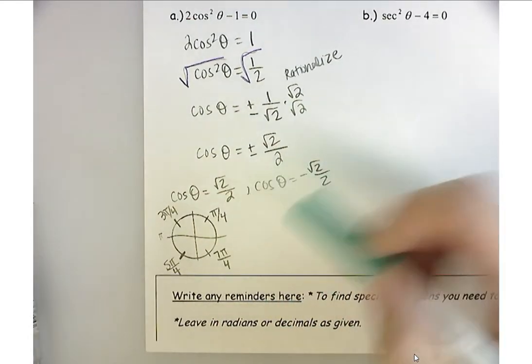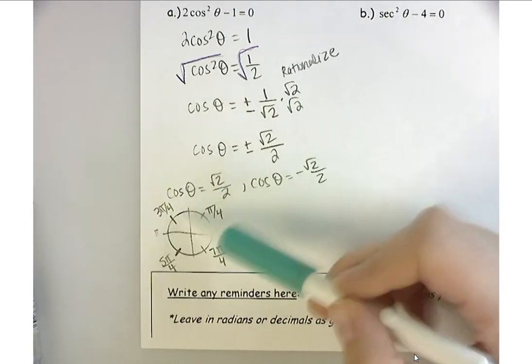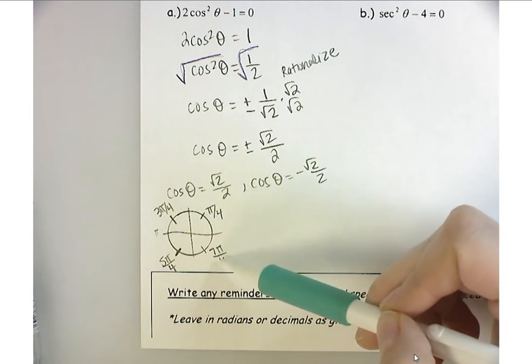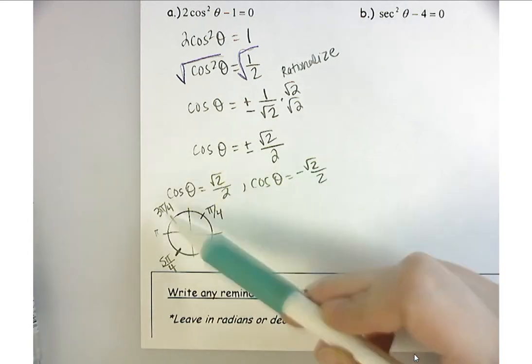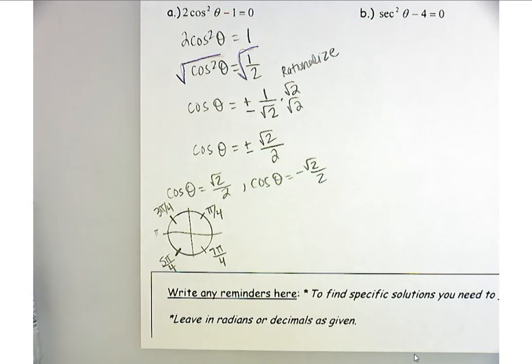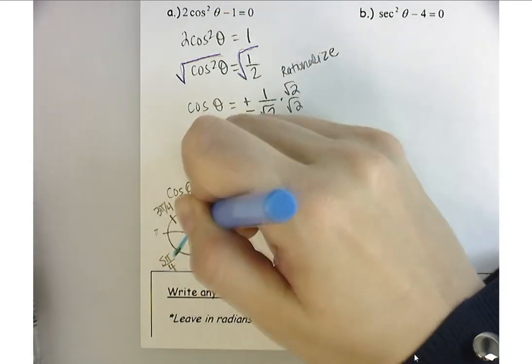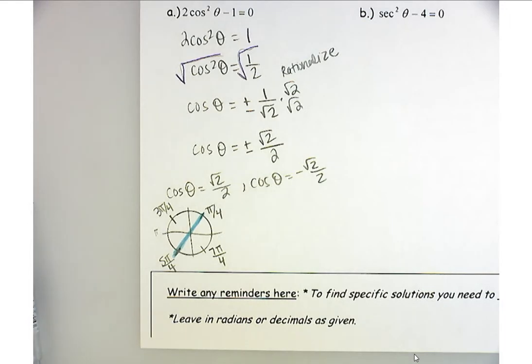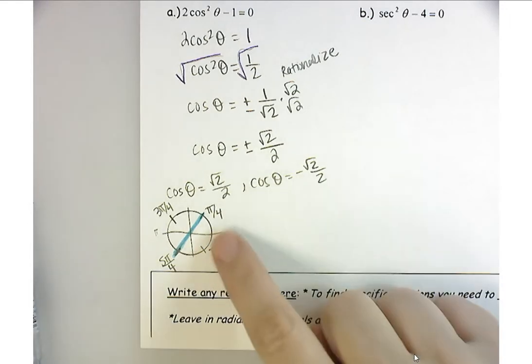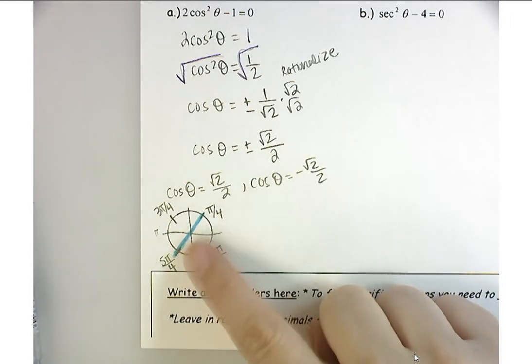So usually what we would do is write out all four of them and add what to it? 2 pi k. But see how these are directly across from each other? What you can do is write a simplified answer. Okay? And that's what you'll have to do, is write a simplified answer. So look at how they're straight across the circle from each other.